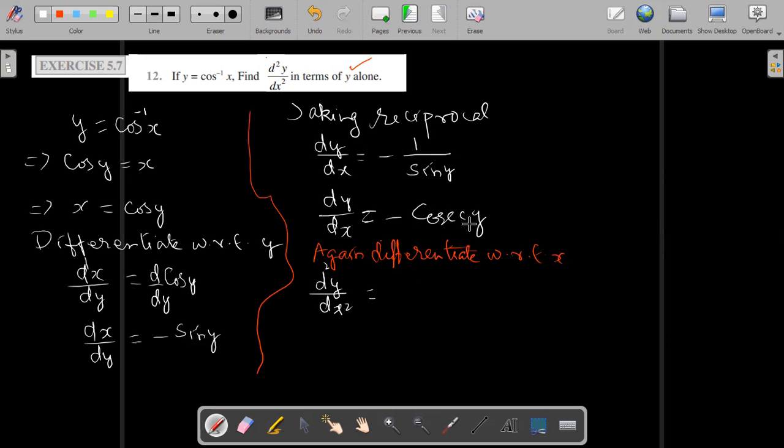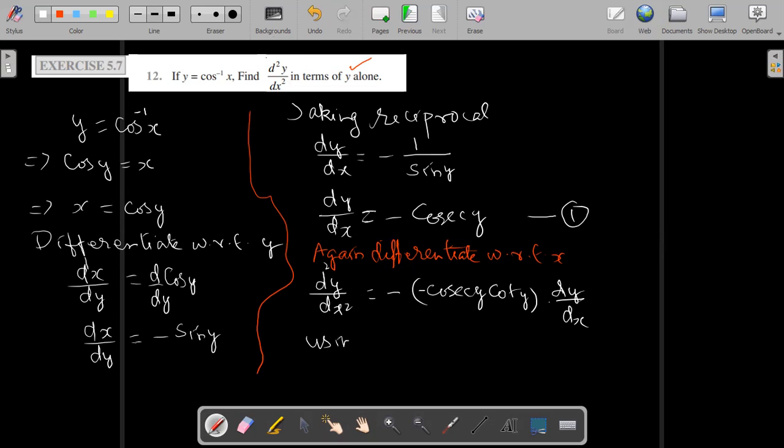When differentiating with respect to x, first write the differential of cosec y and then dy by dx. The differential of cosec y is minus cosec y cot y, and the differential of y is dy by dx. And this is our equation number 1. So dy by dx is replaced from this equation, and we get the answer in terms of y only.